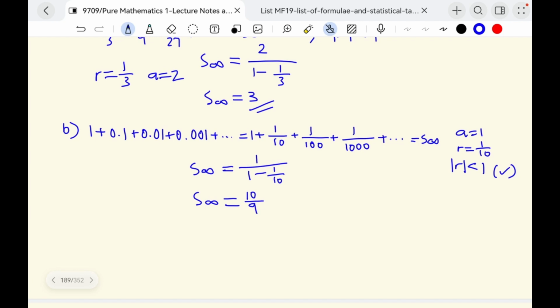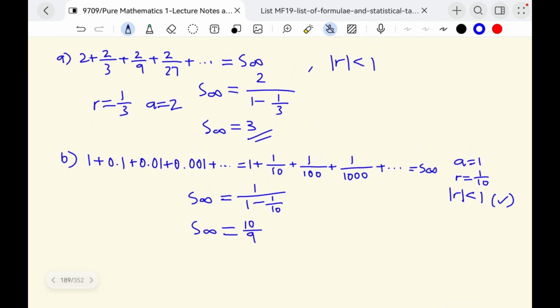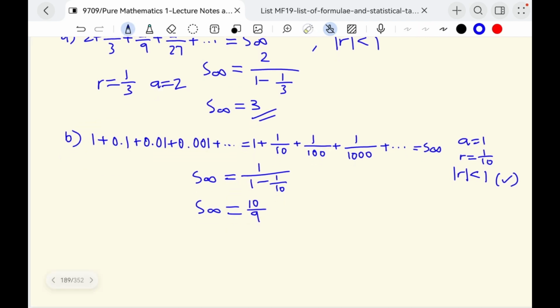But there's another method to evaluate the fractions of recurring decimals. Instead of identifying it as the sum of infinity of the geometric series, take 1.111111, or 1.111 with a dot over it. Let it equal x and then multiply by 10 because the 1 keeps repeating.